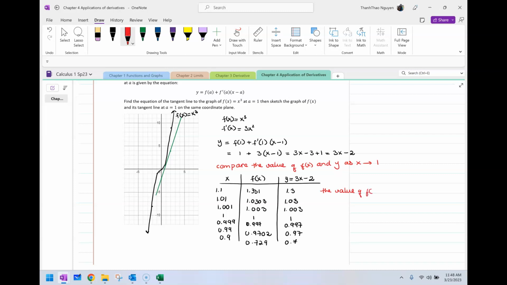So note that the values of f of x and y as x approaches 1 are almost the same.